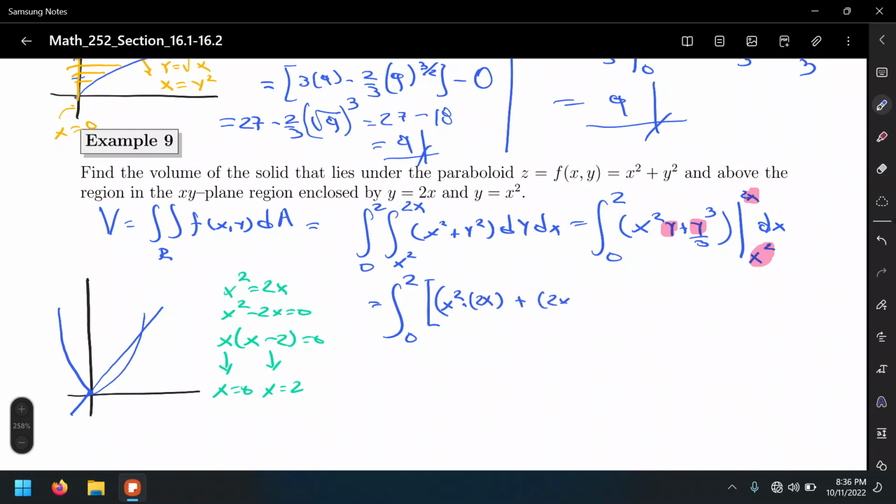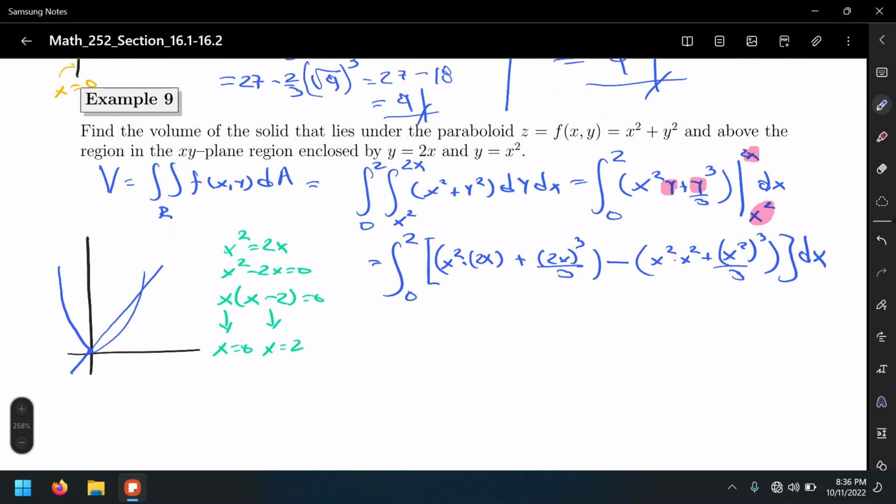Plus 2x cubed over 3, minus x squared times x squared plus x squared cubed over 3, dx. All right. Let's simplify this madness.